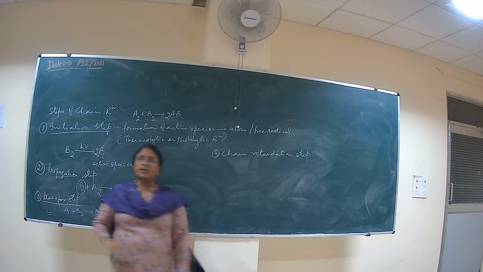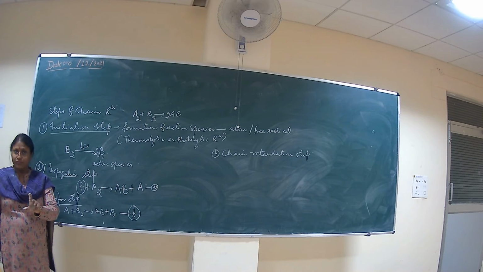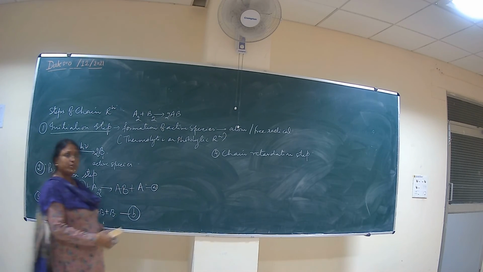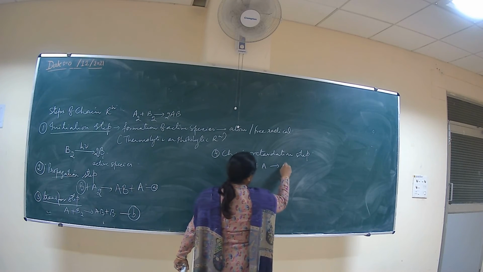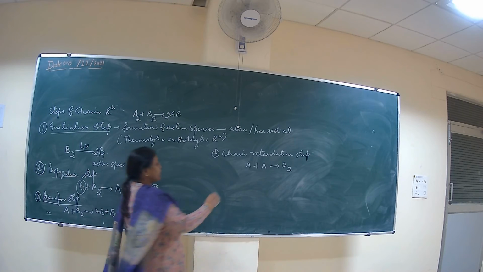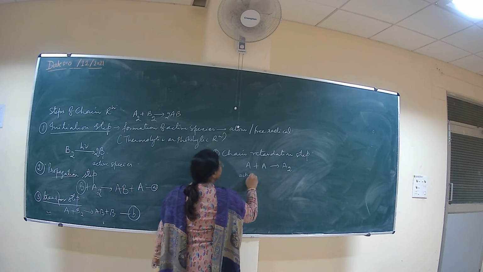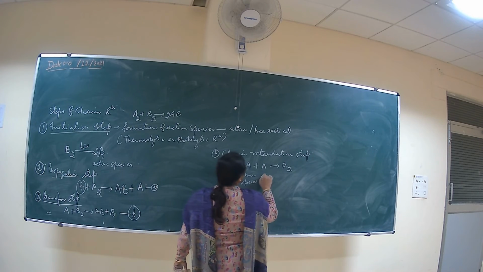Now in the chain retardation step, the active species combine with themselves and they form the original molecule. Suppose A reacts with the A and there is a formation of original molecule A, है ना? तो यहाँ पर क्या है? There is a combination of two active species. ये हमारा active species है और ये भी हमारा क्या है?